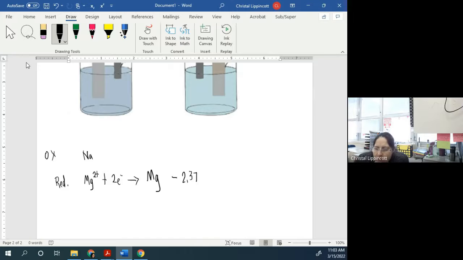Okay. And that means that my sodium then is going to be oxidized, and oxidation is loss. So it's going to lose an electron, but we need to lose 2, right? And we flip this around, so we've got to flip our sign, 2.71.